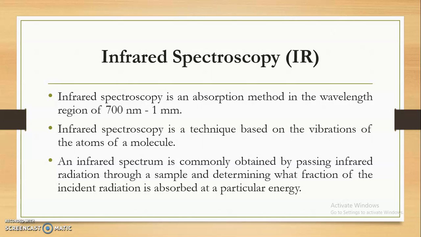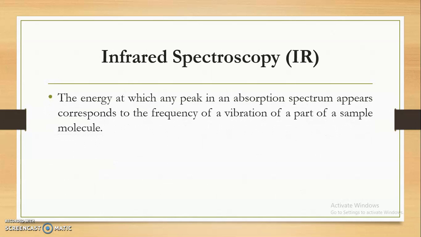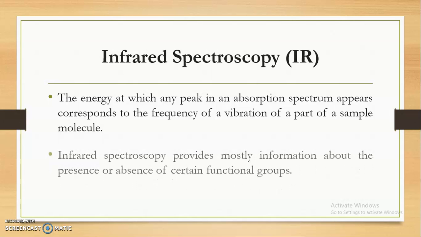An infrared spectrum is commonly obtained by passing infrared radiation through a sample and determining what fraction of the incident radiation is absorbed at a particular energy. The energy at which any peak in an absorption spectrum appears corresponds to the frequency of the vibration of a part of the sample molecule.